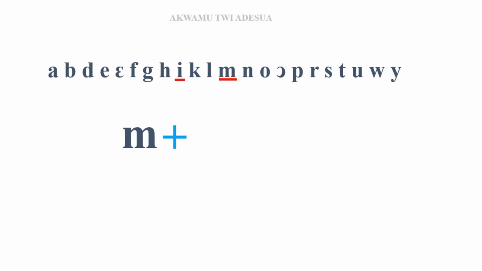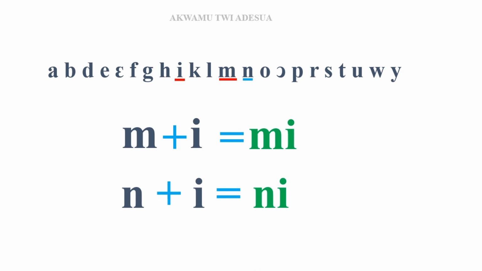M plus E, which is the M, and the I will give us mi. N plus E, which is the N, and the I will give us ni.